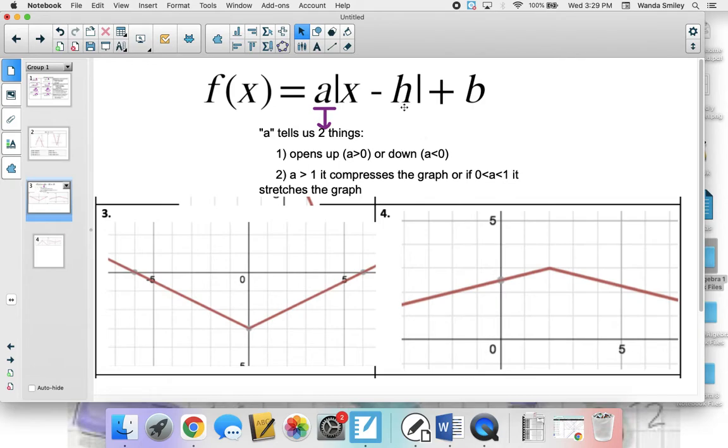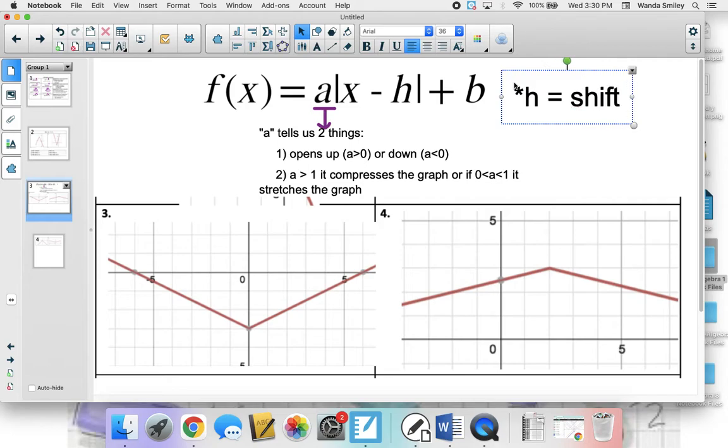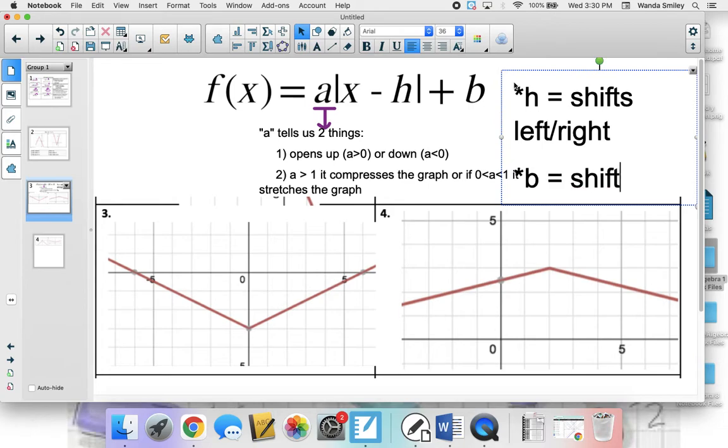Now, H, I'll come over here. So H shifts left, right, and B shifts up, down, okay?